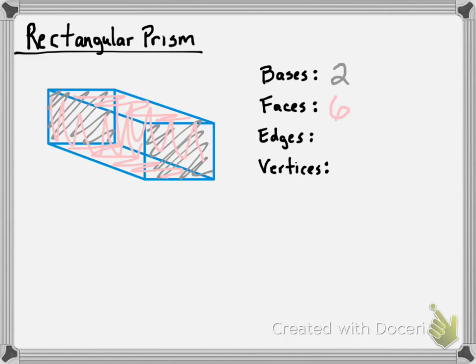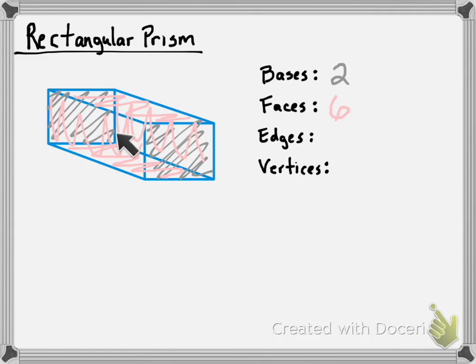Okay, now the edges. That's where 2 faces touch. So where the top right here touches this side, that makes the edge. Oh yeah, didn't we say those were the lines? So really all I have to do is see how many lines it took to make this shape. Because think about it, if you were on top of this box and you walked, wouldn't that line be the edge of the cliff before you fell off the side?